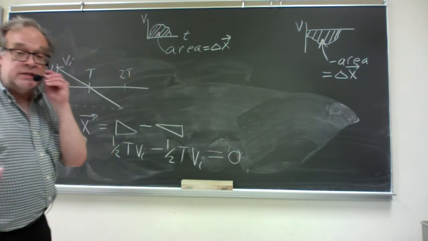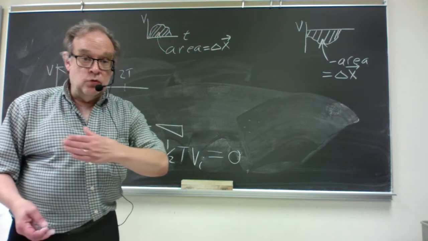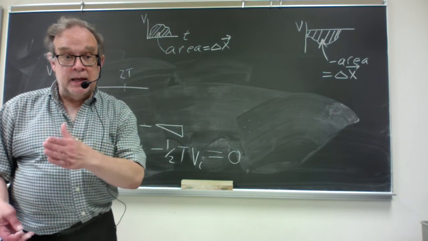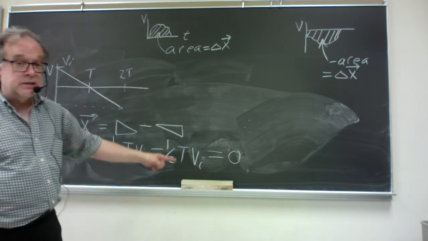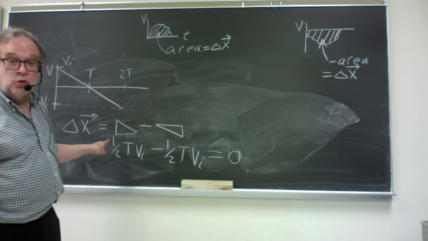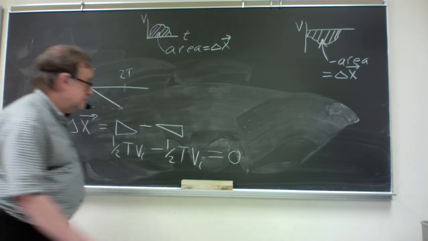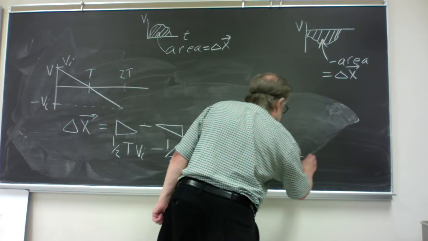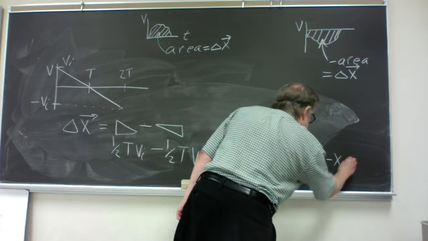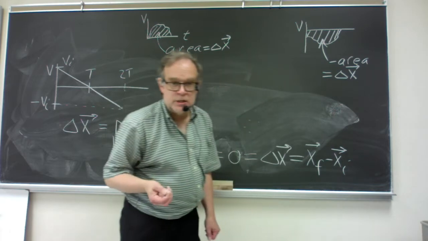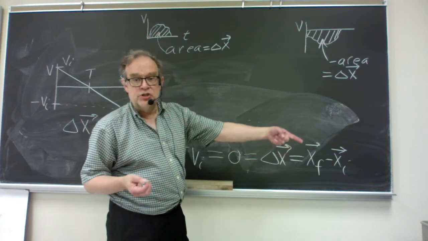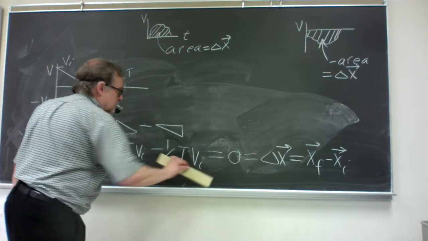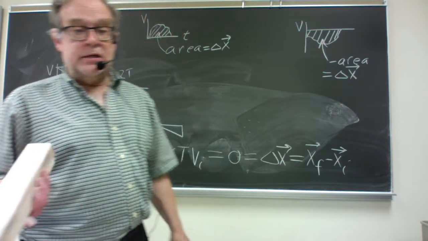In this case, the object moved through a round trip, moved in the positive direction, then slowed to a stop, then headed in the opposite direction, and ended up right back where it started, because the net displacement for the whole trip was 0. Net displacement being 0 means the final location is just the same as the initial location. So we'll be working with that idea quite a bit.